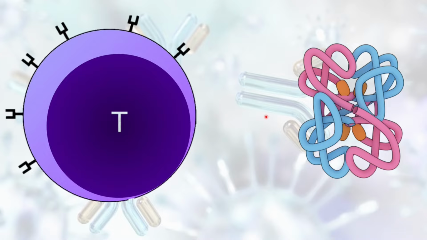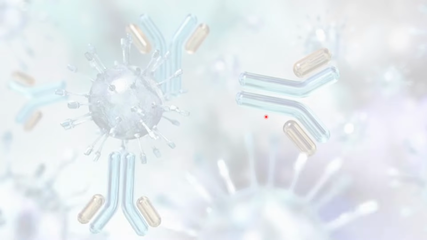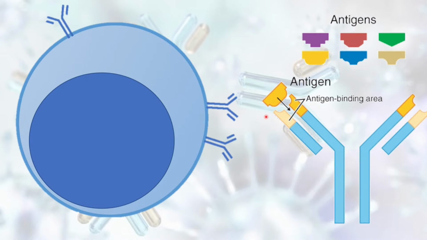Because T cells cannot recognize anything but protein antigens, while B lymphocytes can recognize all types of antigens, polysaccharide, protein, whatever, and they have antibodies on their surface that, once they are found to be specific to a certain antigen, will activate the cell.